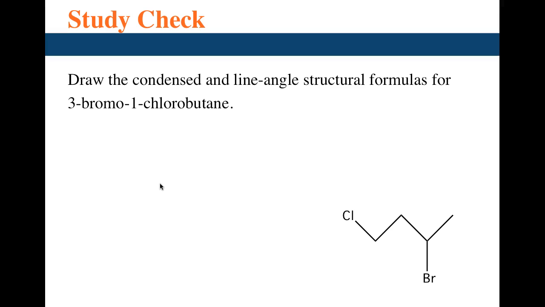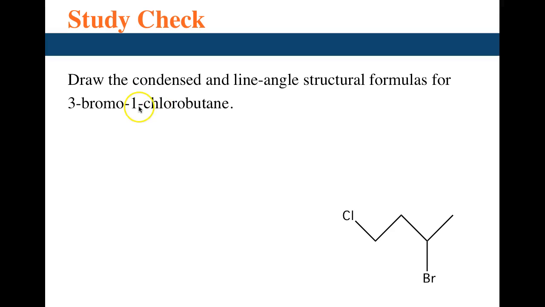All right. Draw the condensed and line angle structural formula of 3-bromo-1-chlorobutane. Butane means there are going to be 4 carbons, so 1, 2, 3, and 4.